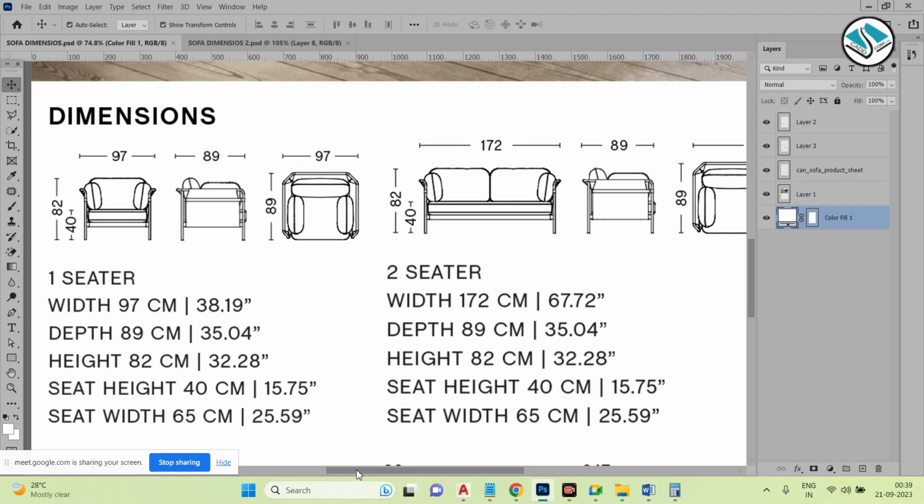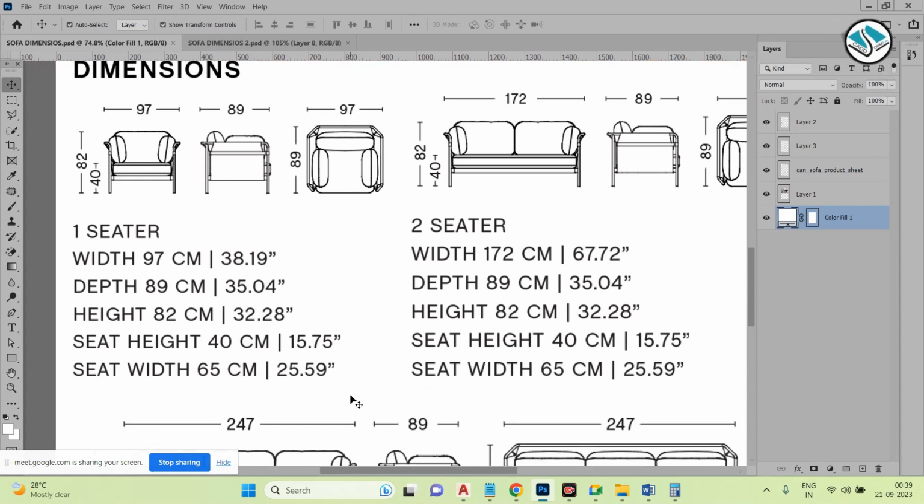Oh, that's important. Is that you sent that to me? Yeah, sure. Oh, one seater, didn't check that. Okay, one seater sofa width should be approx 97 centimeter and the depth approx 89 centimeter. How much in Saudi Arabia?